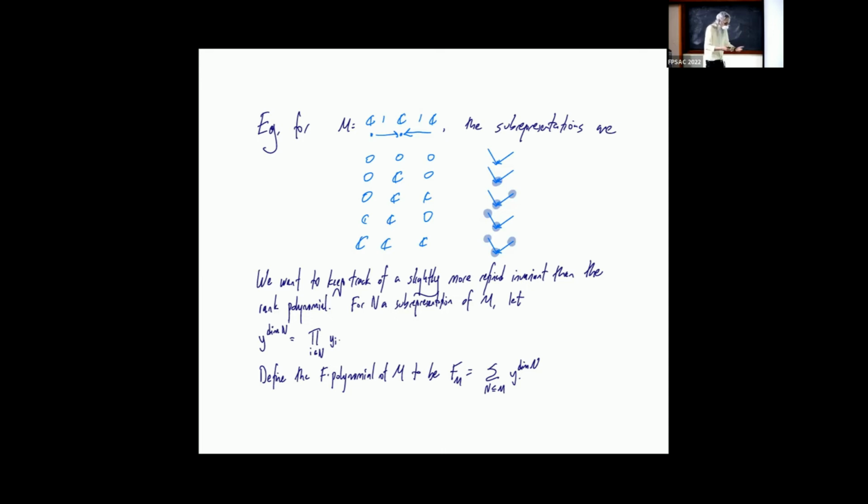There could be different subrepresentations with a given dimension vector. That's going to start happening if this dimension at the middle vertex were not 1. In general, if M was some representation which was not indecomposable, we could still think about an F polynomial for it, but we would then realize that we can have multiple subrepresentations appearing, and in fact those subrepresentations are not some finite number of them.